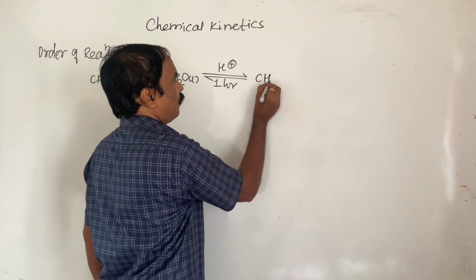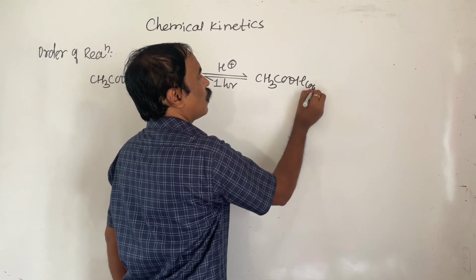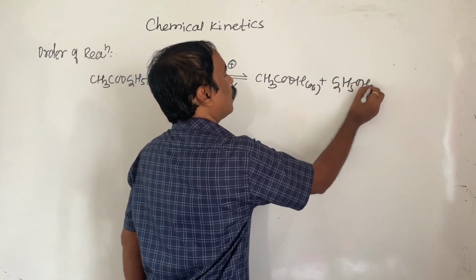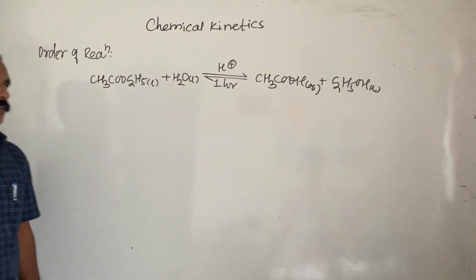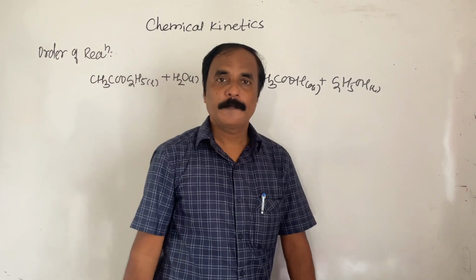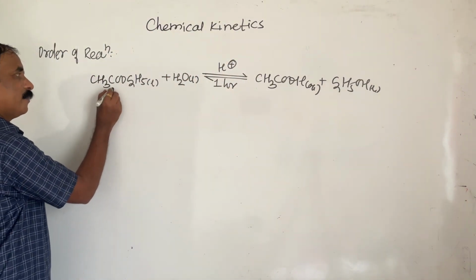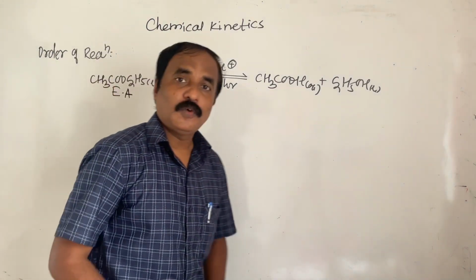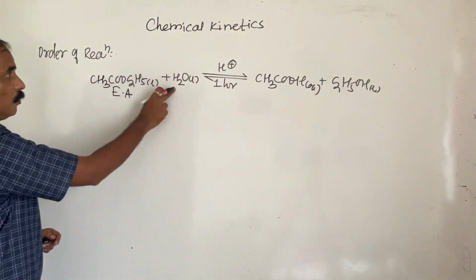Here a formation of acetic acid and ethyl alcohol. It is like this. This is ester hydrolysis. Here reactants are ethyl acetate and water. So what is the order of reaction? Molecularity 2, ethyl acetate and water.